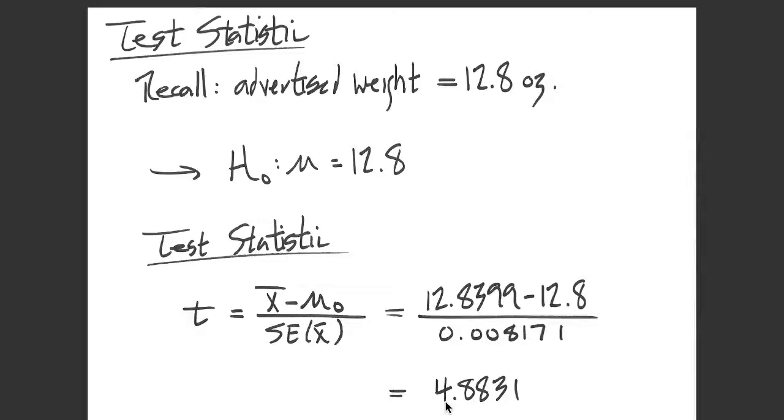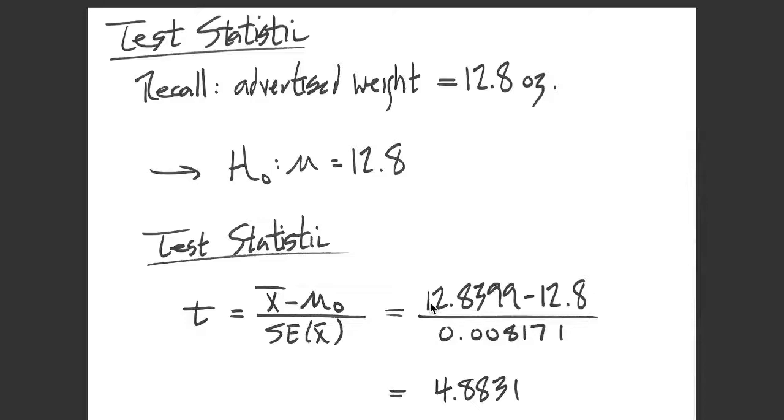Now remember, the t-score is an estimate for the z-score of x bar. So what we're saying here is that if the null hypothesis were true, if it were true that the average amount of cereal in a box was 12.8 ounces, then our observed value of x bar, 12.8399, is almost 5 standard deviations above where we would expect it, above that 12.8.